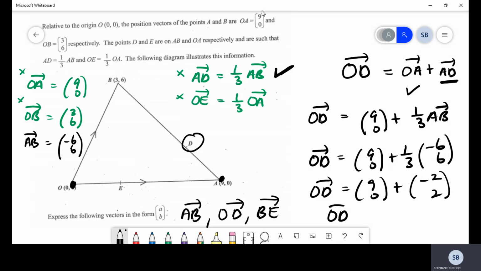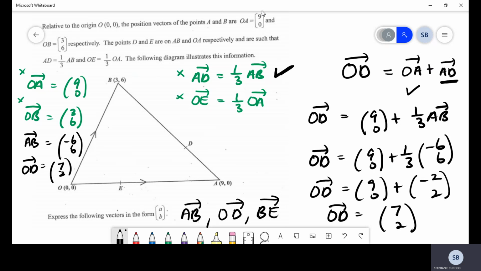And finally, that should give us the answer of 9 subtract 2 gives us 7, and 0 plus 2 gives us 2. So our value of OD, I'm going to write that on screen in case we need to use it, is (7, 2). So that's one way you could have worked out that value.